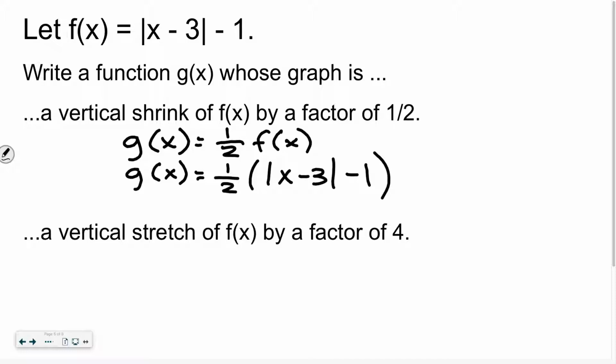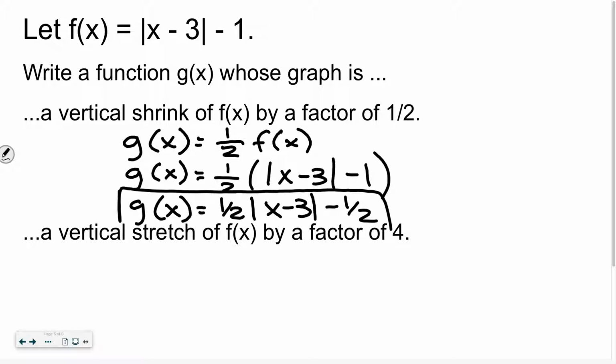It just sits outside. So it's going to be 1/2 times the absolute value of x minus 3, and then minus 1/2. So I'm shrinking both parts, the absolute value part and then that minus 1, which would be like my vertical shift down one.